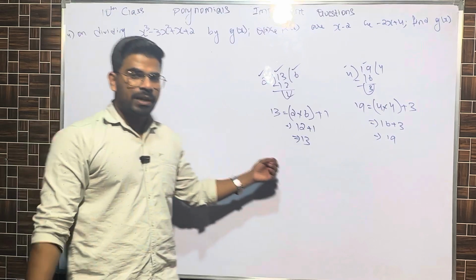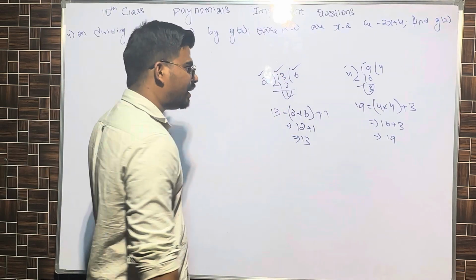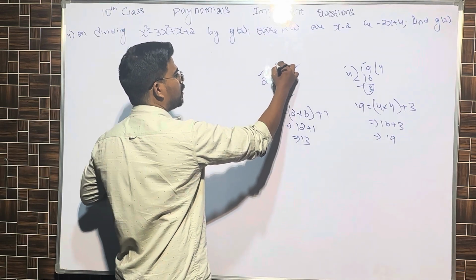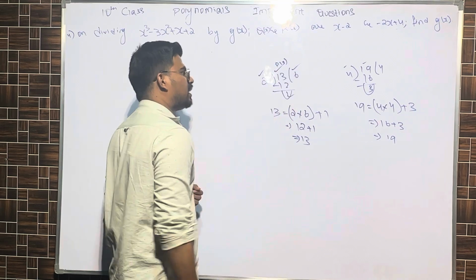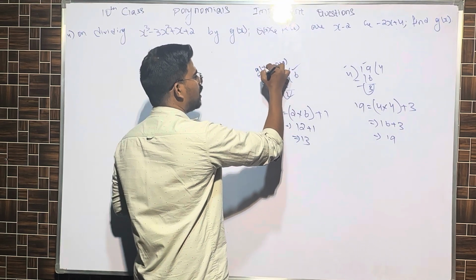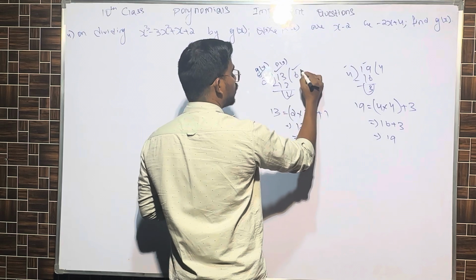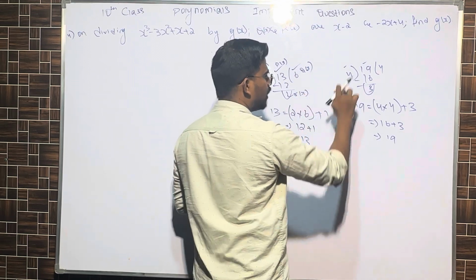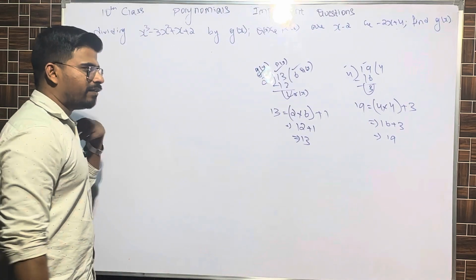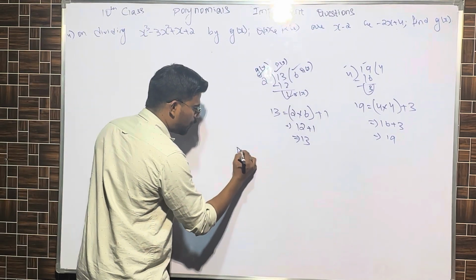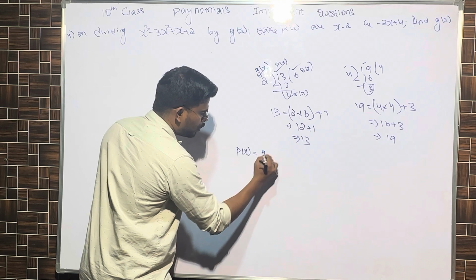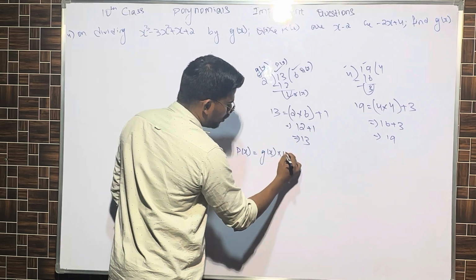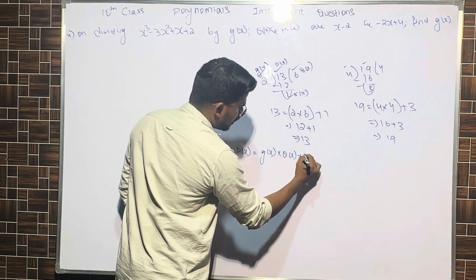But here we are dividing polynomials. Dividend is p of x, divisor is g of x, quotient q of x, remainder r of x. The same way here also. So in polynomials we can write p of x is equal to g of x into q of x plus r of x.